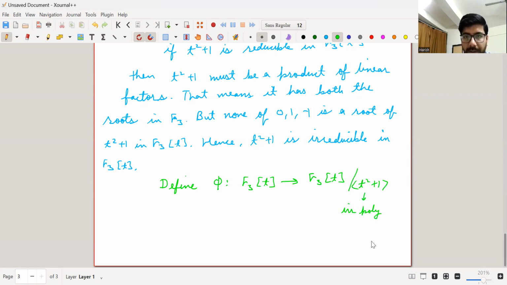And it's an integral domain. It's in fact a principal ideal domain because F3 is a field, right? So it's a principal ideal domain, and this is an irreducible polynomial, which means the ideal generated by this is a maximal ideal.